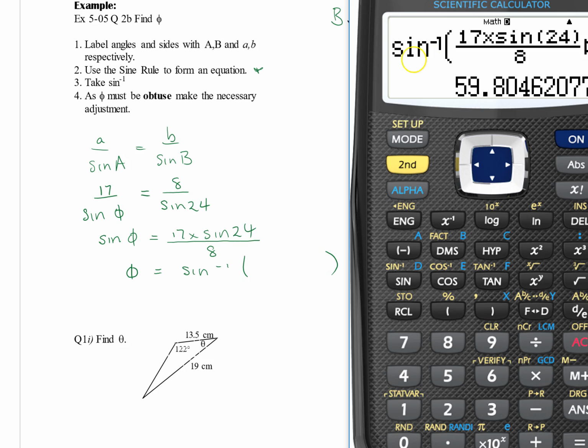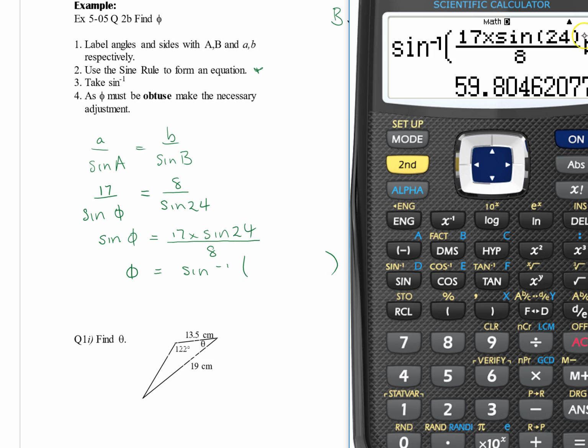So as you can see, I've put that onto the calculator, sine inverse of 17 times sine 24, divided by 8. I did notice the first time through that it didn't put that closed bracket in for me, and it actually needs that bracket there for it to give you the correct answer.